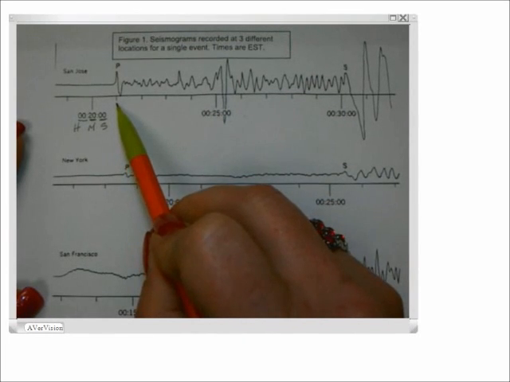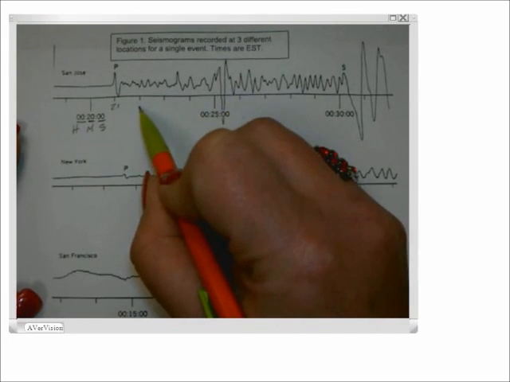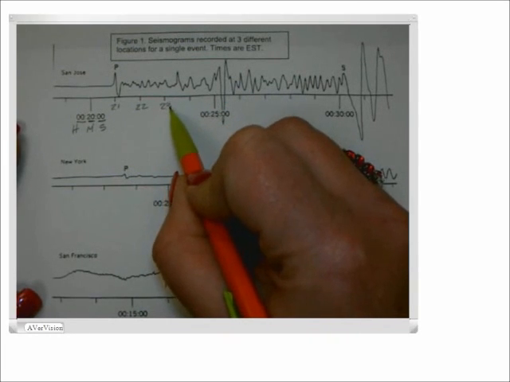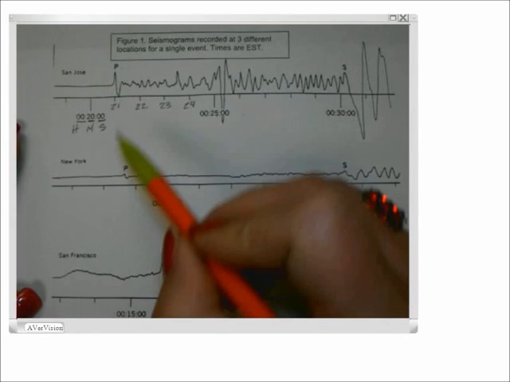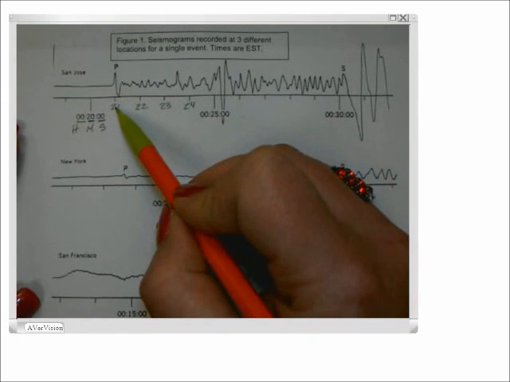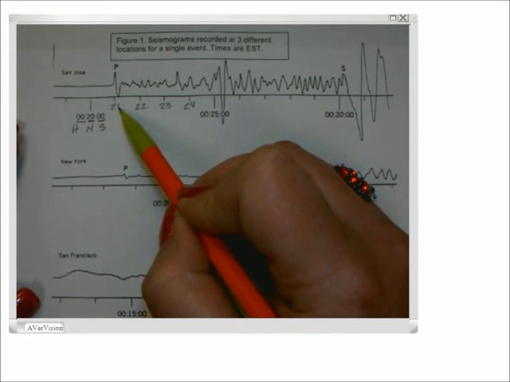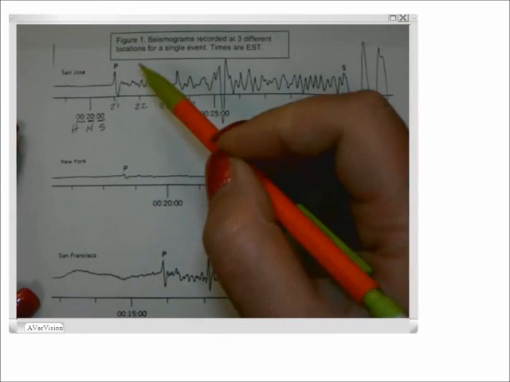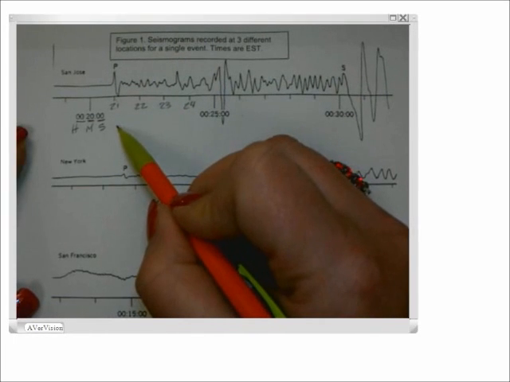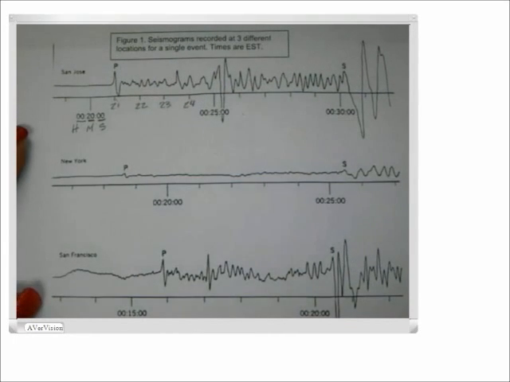So this would be 21, 22, 23, 24, and 25. So the P wave, we need to estimate its arrival time, and it comes pretty much right along 21 minutes. So we can put that in our data table, the P wave arrival of 21 minutes.